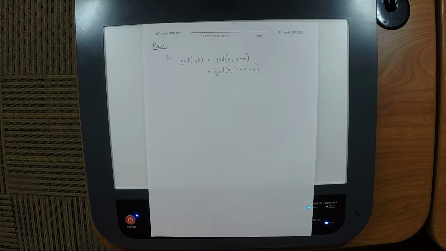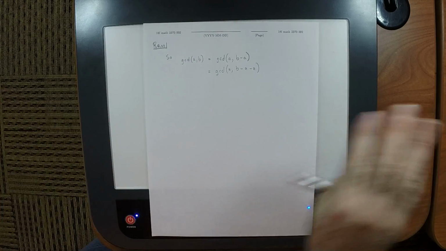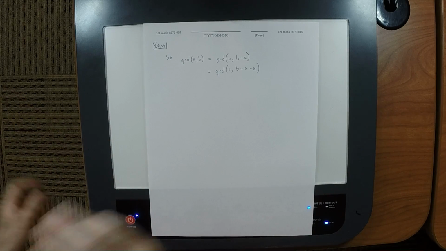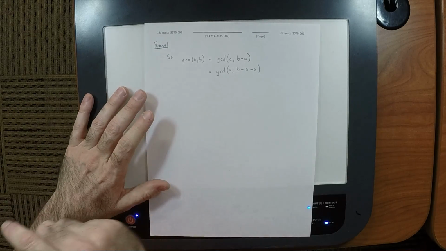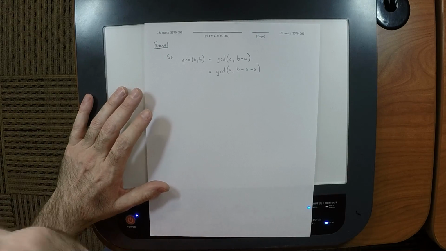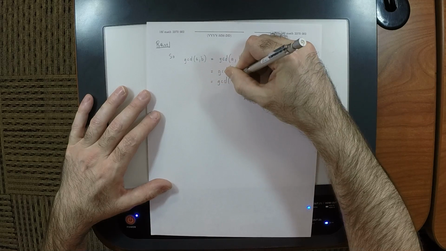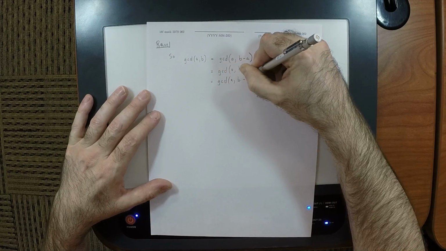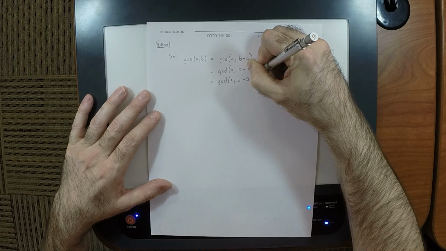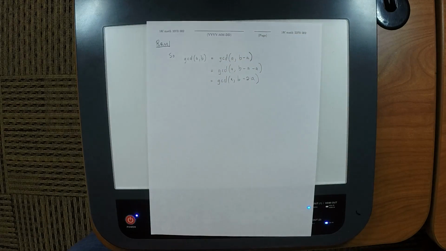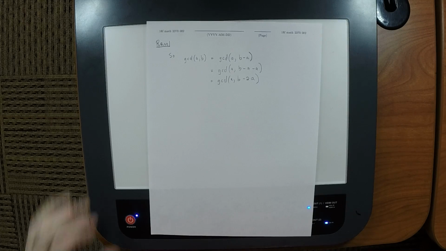If that's negative, then we can't do it. But don't we have a better way to say B minus A minus A? Ah, that's better. GCD of A and B minus twice A. But if it works for twice A, then surely it should work with 3 times A.